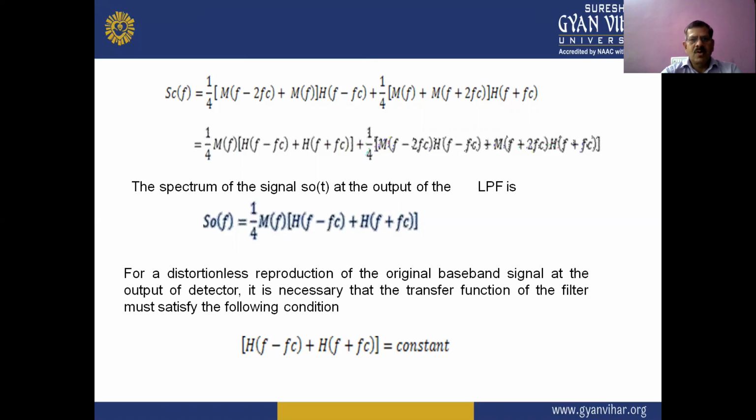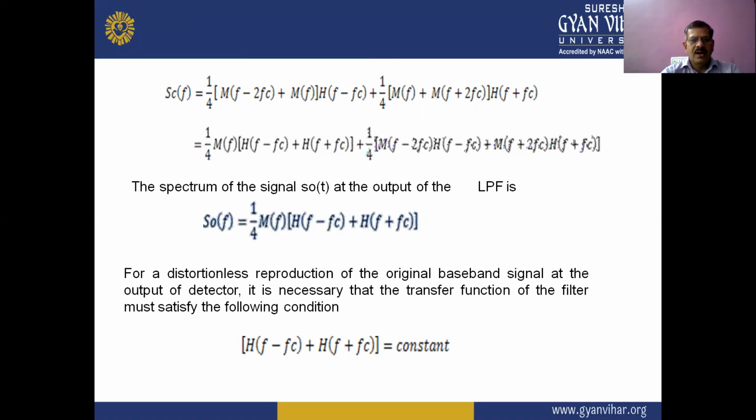So the spectrum of the signal So(t) at the output of the low pass filter is So(f) equal to 1/4 M(f)[H(f - fc) + H(f + fc)].